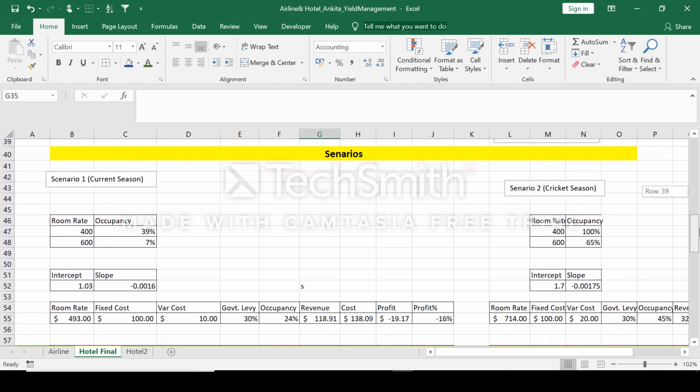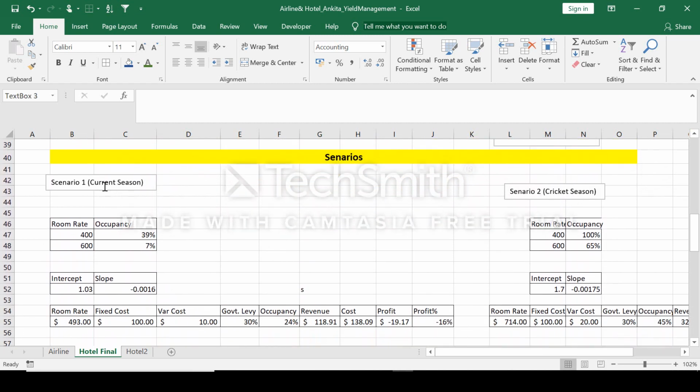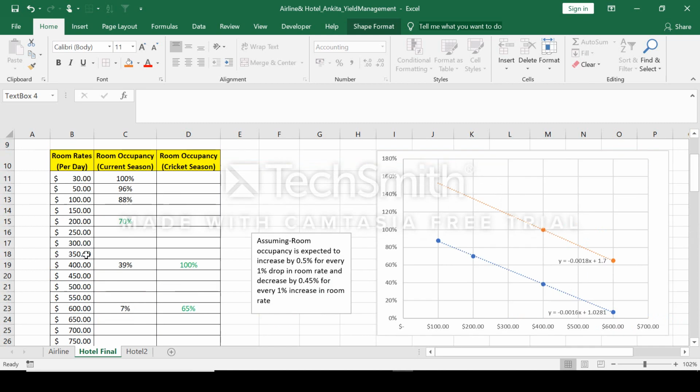So we consider two scenarios: the current season, the normal season, and the cricket season. From the above table, for $400 we have 39% occupancy, whereas it is 100% during cricket season. It is 7% for $600 and 65% during the cricket season.